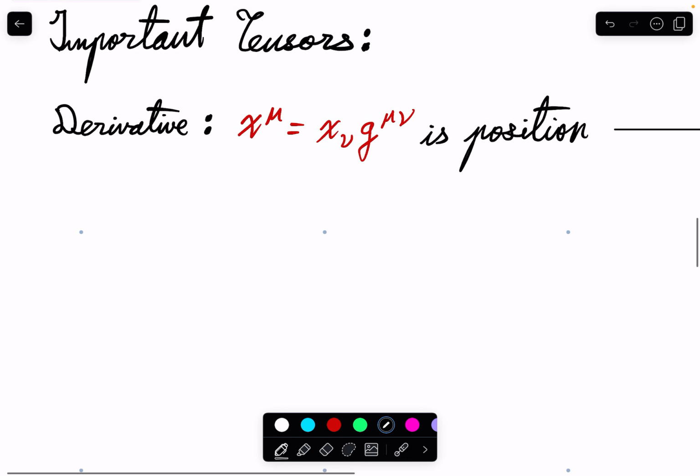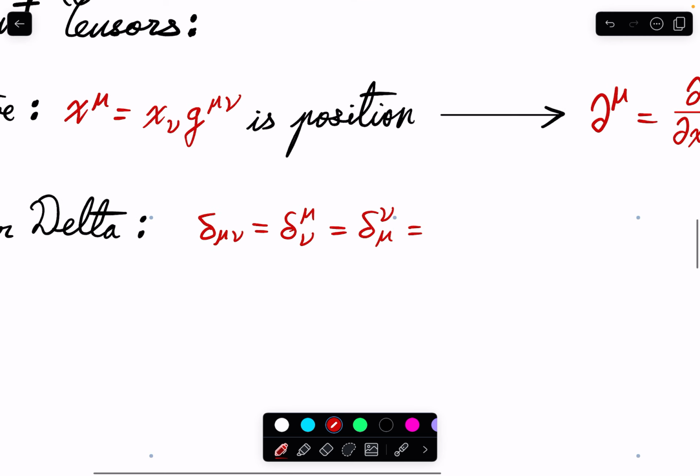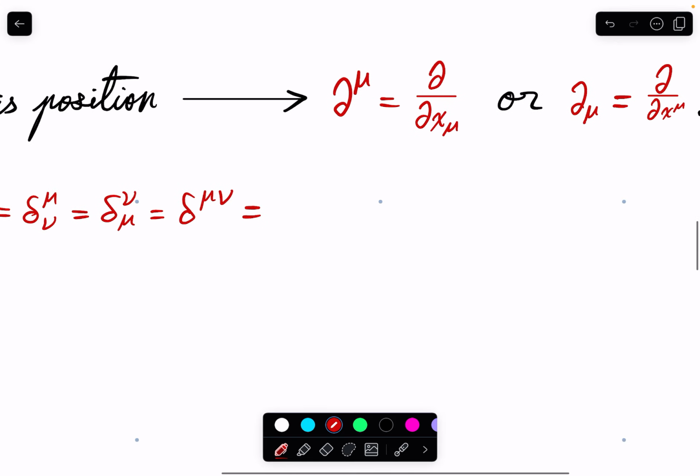Okay, and then there's also what's called the Kronecker delta. That is defined as delta mu nu, which is equal to delta nu mu. What are these things all equal to?